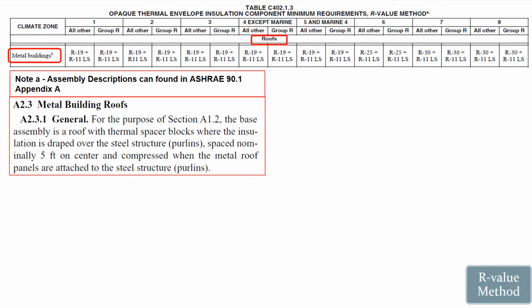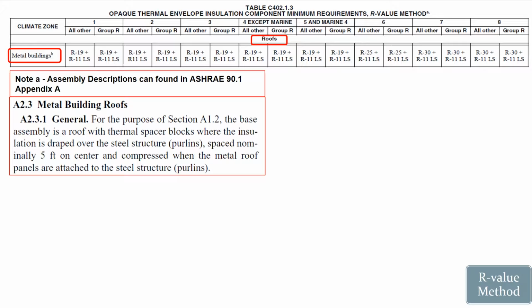So remember, note A pointed you to the assembly descriptions, and I went into 90.1 and extracted that information. So let's read this real quick. This assumes that the metal building roof has a base assembly with thermal spacer blocks where insulation is draped over the steel structure of the purlins.